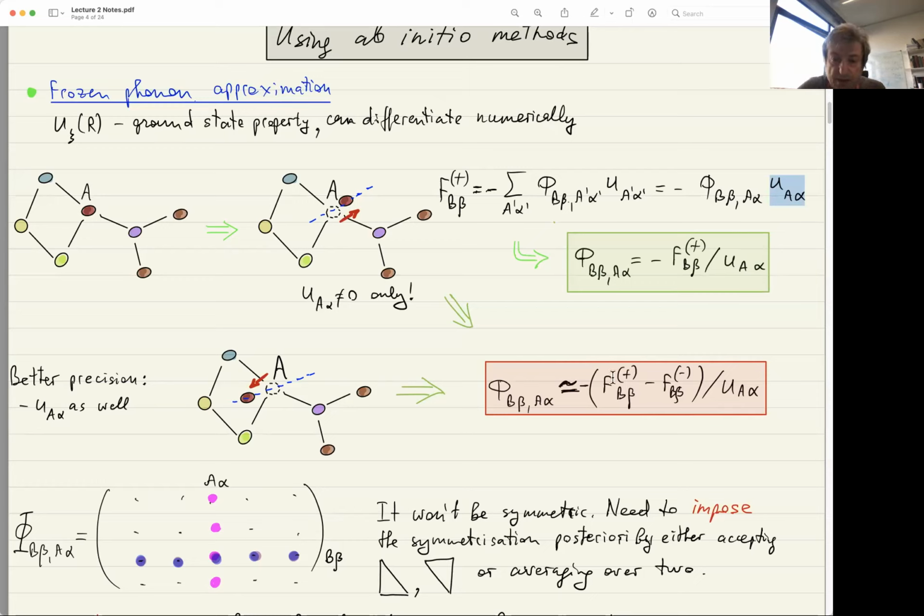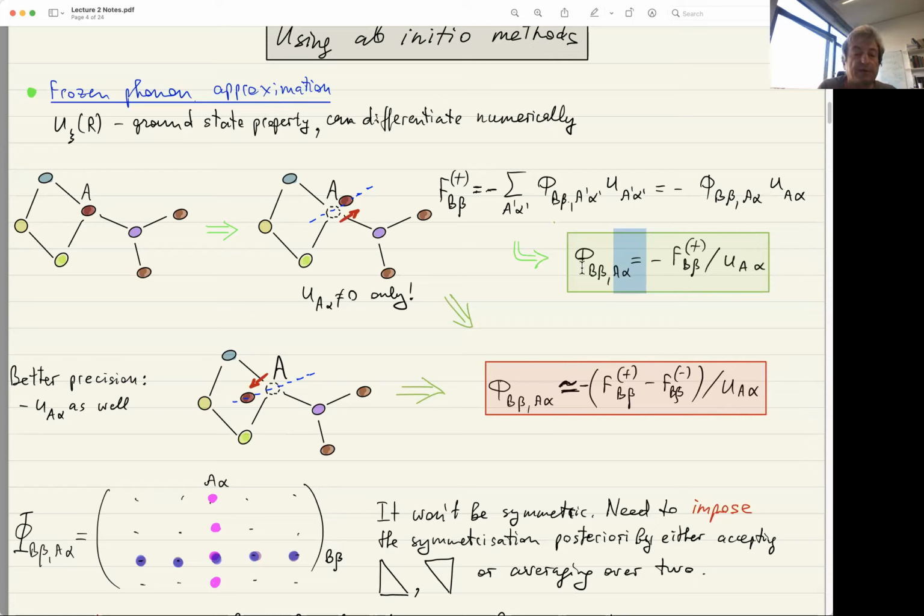Of course, by displacing the degree of freedom A alpha, you get all the components B beta of the matrix phi. So this way you will get a certain column of that matrix phi. Now you take another atom and you displace it, and you get another column of that matrix phi.